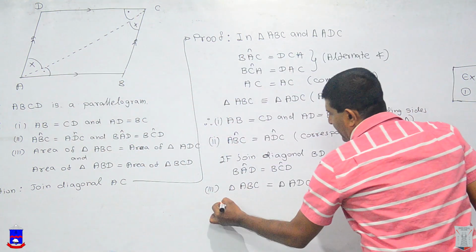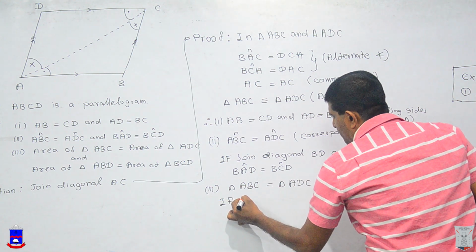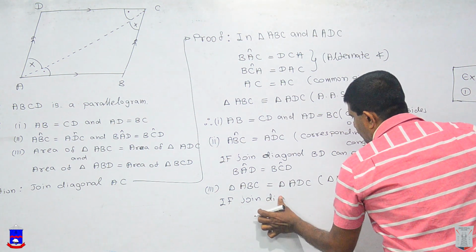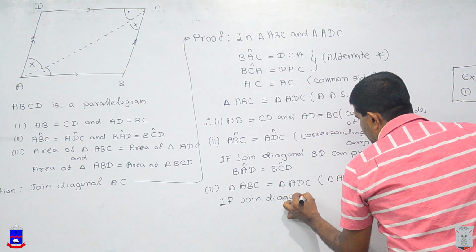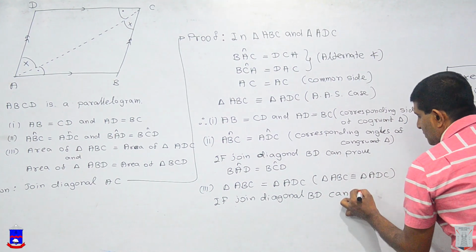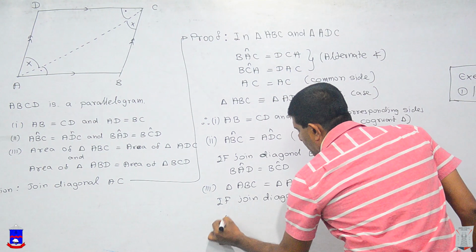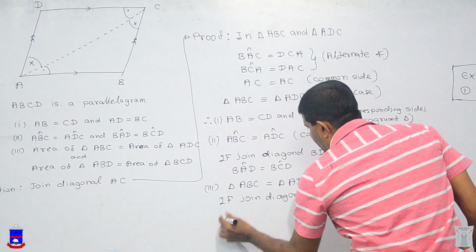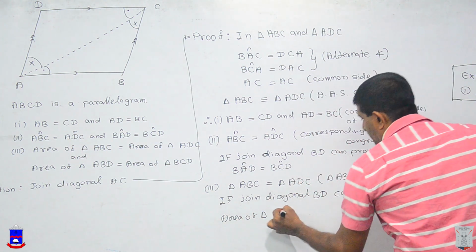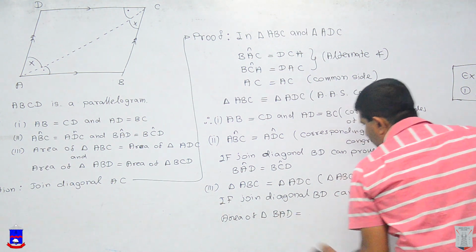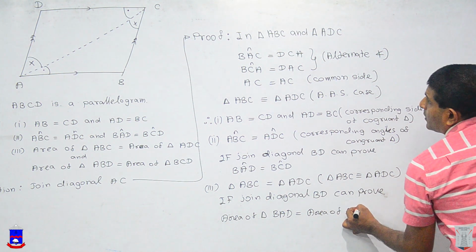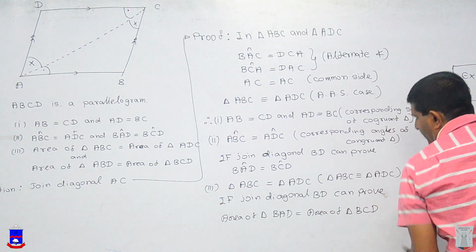To overcome that, again we can join the diagonal BD and prove area of triangle BAD equals area of triangle BCD. This is the third one.